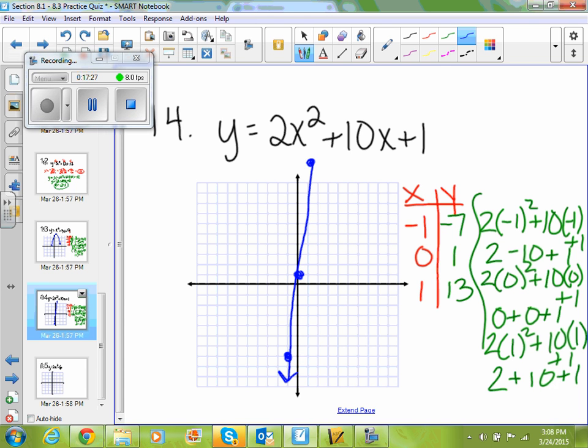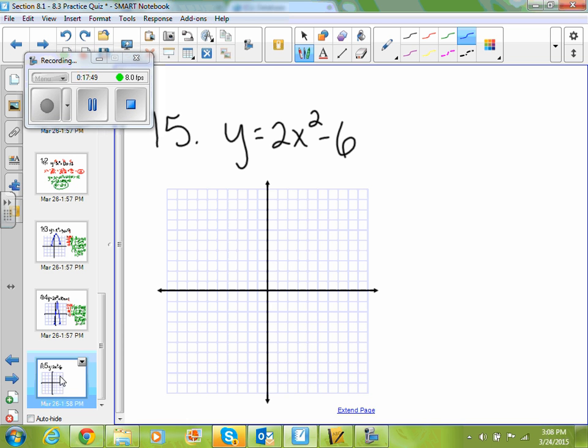Okay, then if I connect those points, I get half of my graph. So what do I do for the other half? Draw it. Reflect my graph to draw it. Alright, so any questions on 14? It's kind of a weird looking parabola because it's really skinny. No? Okay.